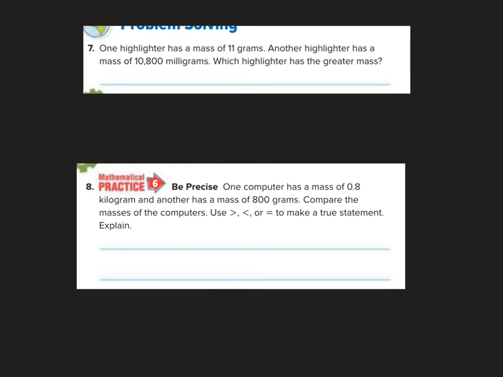One highlighter has a mass of 11 grams, like 11 paper clips. Another highlighter has a mass of 10,800 milligrams. Which highlighter has the greater mass? So I know that 1,000 milligrams are equal to 1 gram. How did I go from 1,000 to 1? Divide by 1,000.